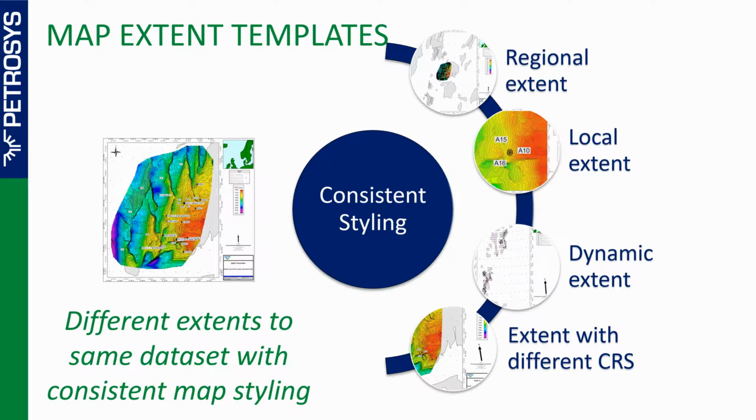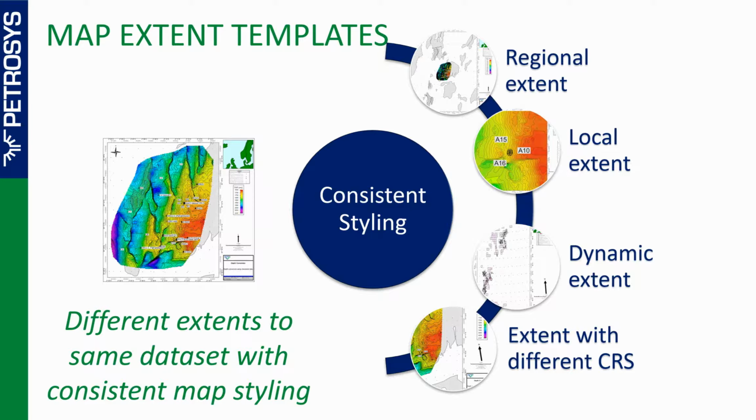No matter what extent I have, because now the style and templates are independent, I will preserve the same styling through my whole series of maps by only changing the extent.